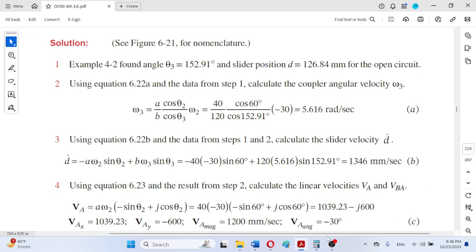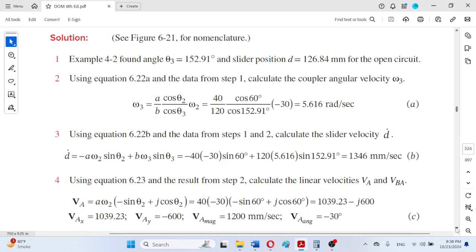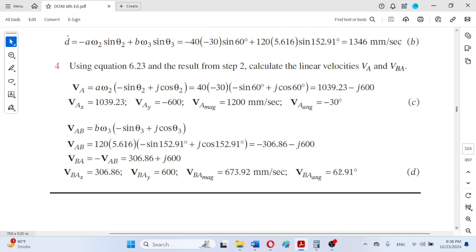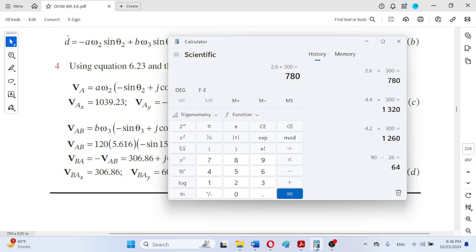And if we verify the results analytically, as we consider the VBA magnitude, it is mentioned as 673.92, which means approximately 674, and our result is 780. So this is also due to just a difference of 1 mark.